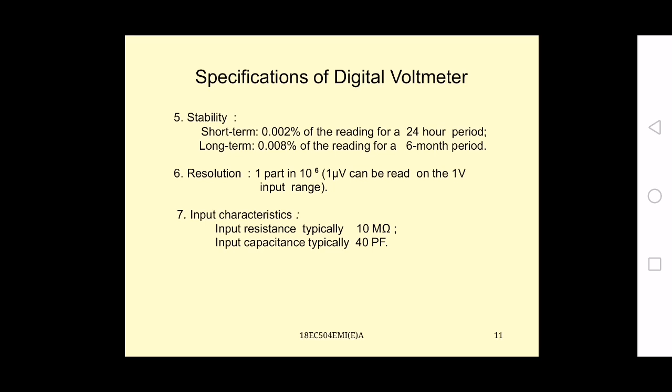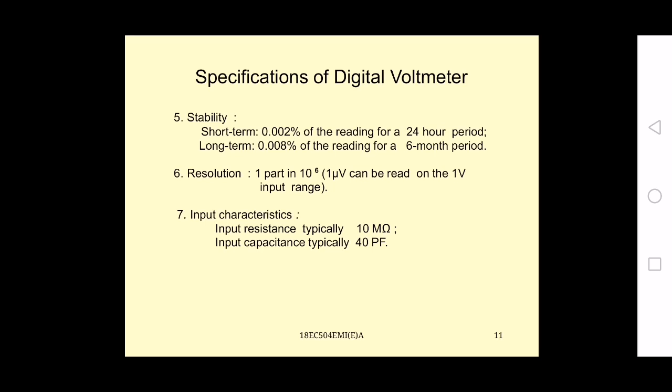So 1 microvolt can be read on the 1 volt input range, which means you can have readings from 0.000000 to 0.999999 volts.